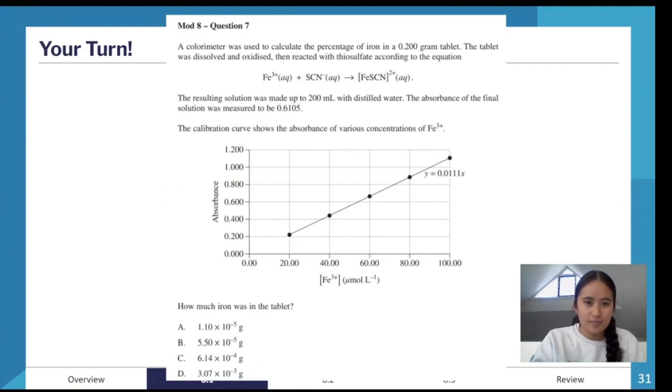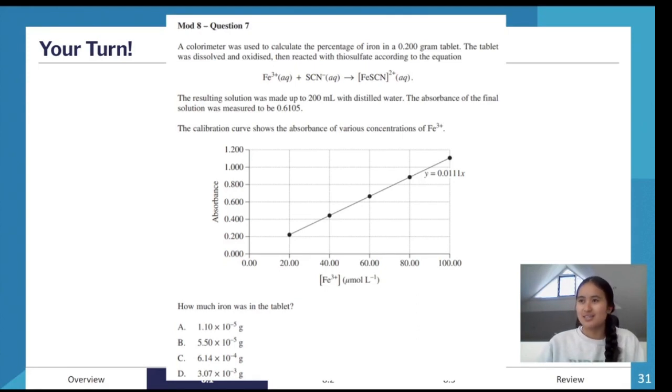An example of putting all of this together is this question. So this is one of the sample HSC questions from NESA, and it uses complexation as its main thing, I guess. So if you look at the question, I'm going to read it.